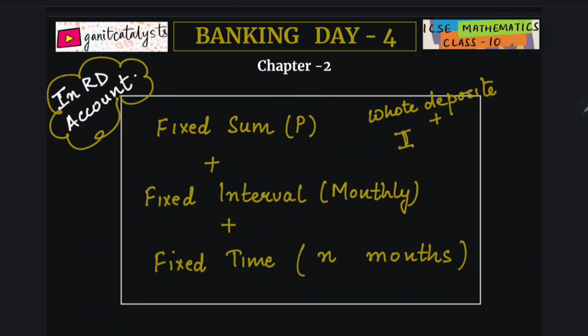The final lump sum is known as maturity value. So MV stands for maturity value.